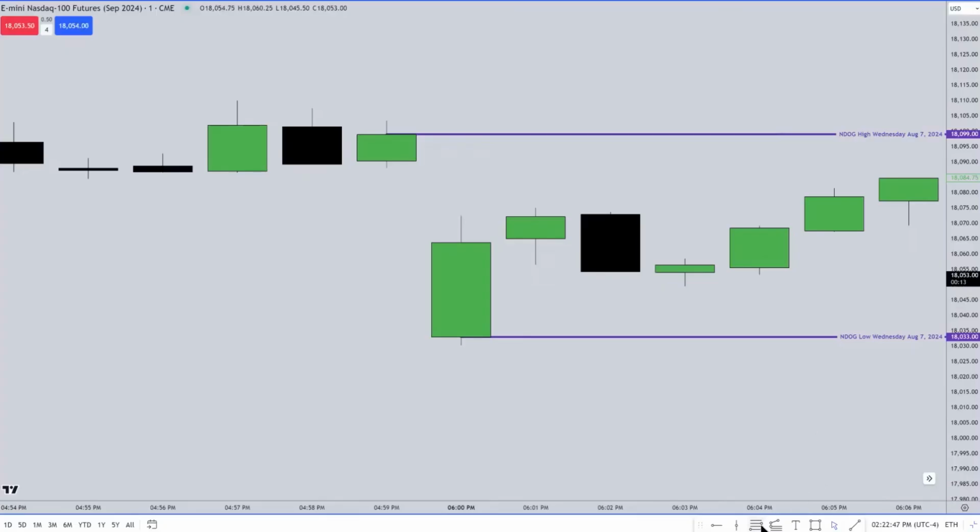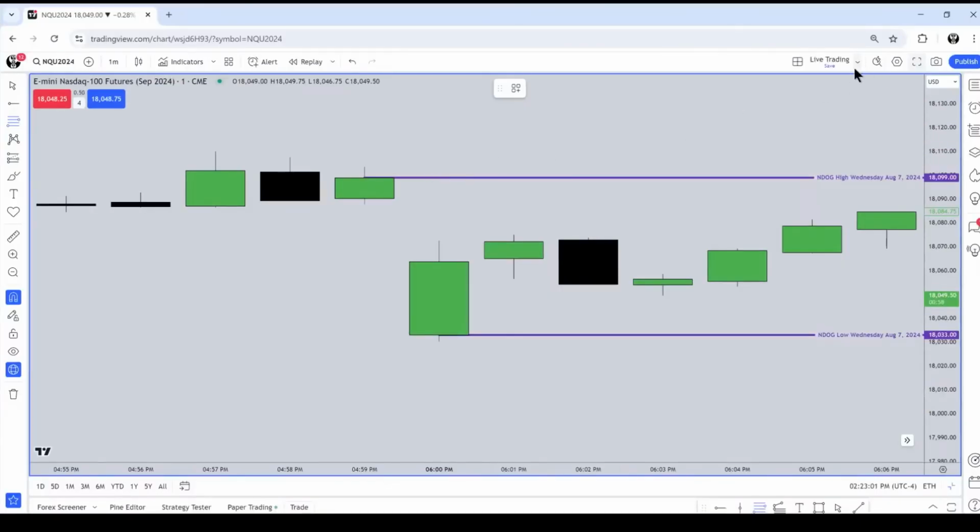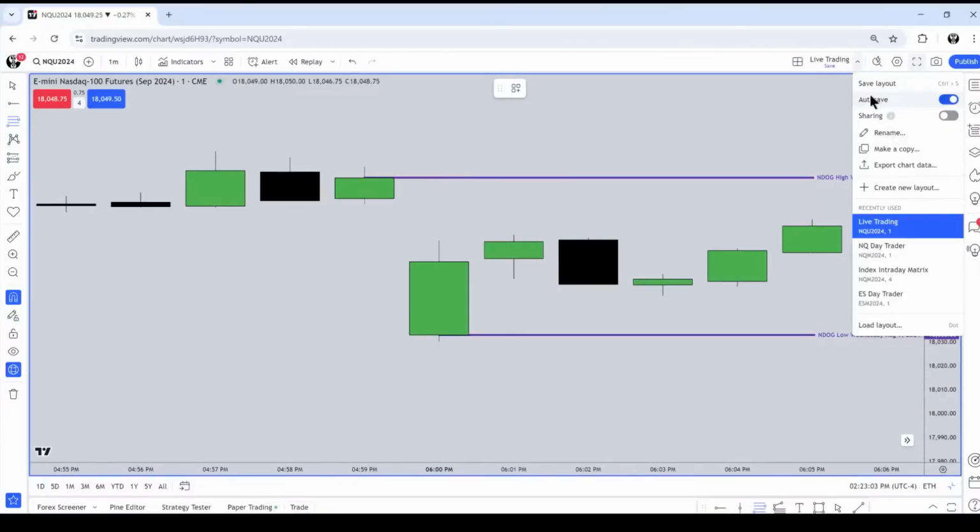But if you take the levels, once you have them on your chart, on TradingView, you want to create a, I don't know what they call that. Let me do this real quick. Whatever this is called up here, layouts, okay? You want to create a layout that has a title that maybe it's new week opening gaps.